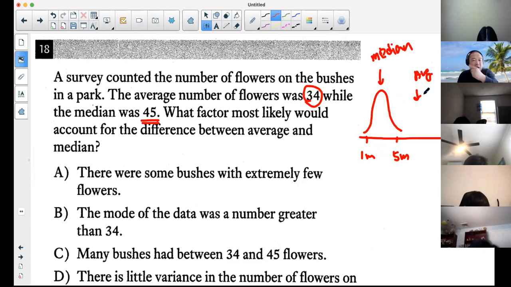Because of the one outlier. So what outliers do is it pulls the average. Do you understand that, guys? So for example, they say average was 34, so 34 was around here. That's the average. And median is 45.